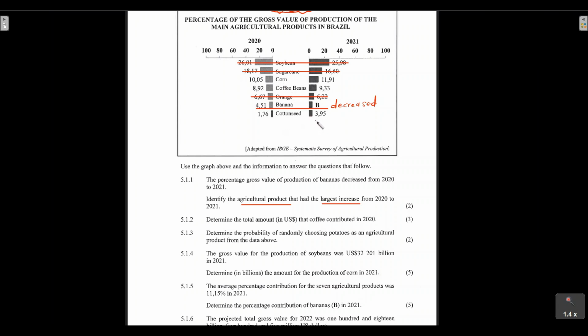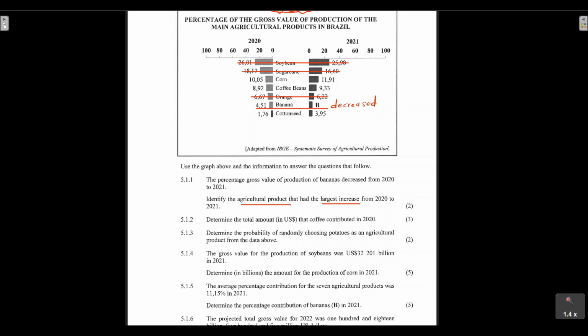Because if you were to check, 3.95 minus 1.76 will give you 2.19. So it increased by 2.19%. However, the corn increased by 1.86%. How did I get that? 11.91 minus 10.05. Let me write that down.